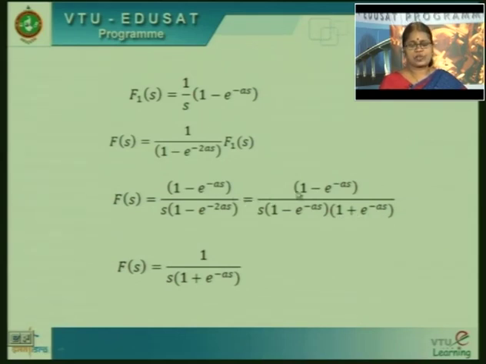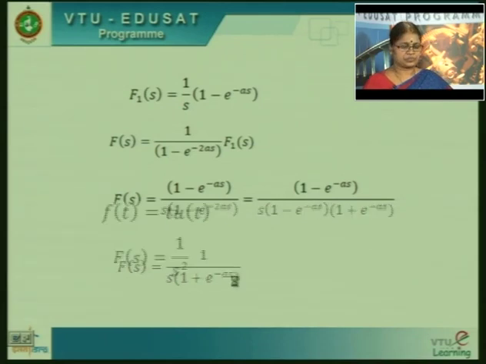In the numerator also we have a term 1 minus e power minus as. So, I can cancel out these two terms, which results in the answer for f of s as f of s is equal to 1 divided by s into 1 plus e power minus as. That is what is given in the question paper.